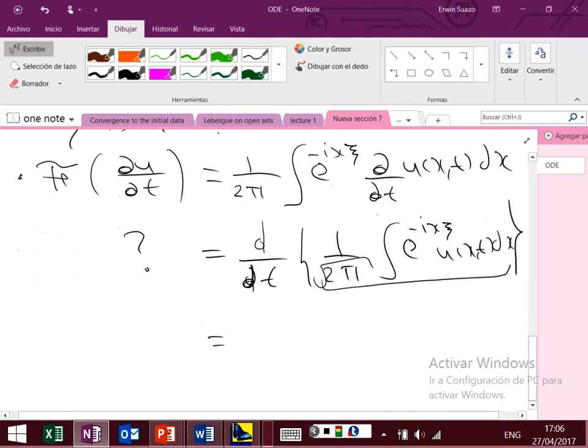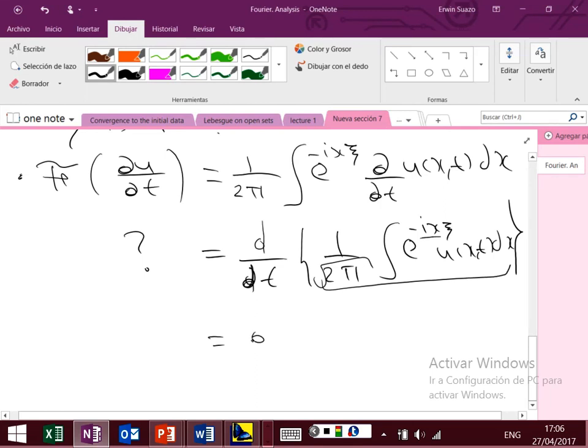Also a warning. Depending on the books you read, they might have the square root or not. If you don't have the square root, you have to put 2 pi over here. So I don't like that definition. It depends on what you use, but this one is nicer because in this form both the Fourier inverse and the Fourier transform are going to have 1 over square root of 2 pi.